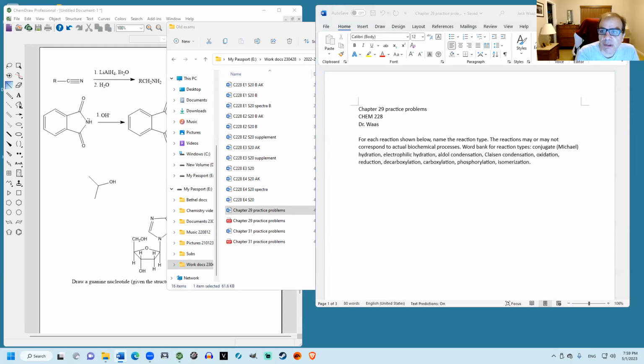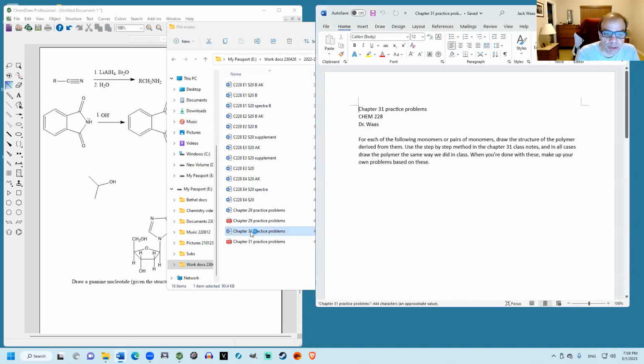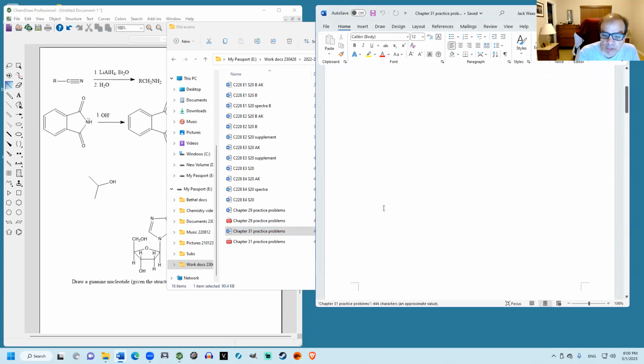So that's the main thing to focus on, is recognizing types of reactions. They're all reactions we talked about either in Organic 2 or Organic 1. Most of them in Organic 2.